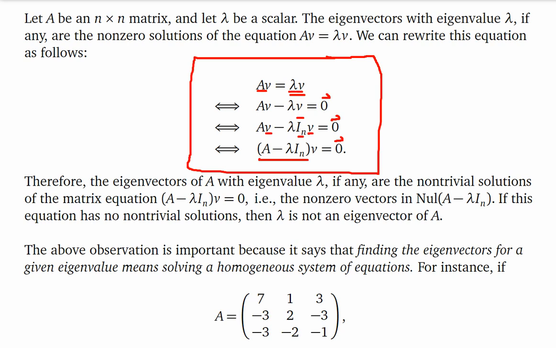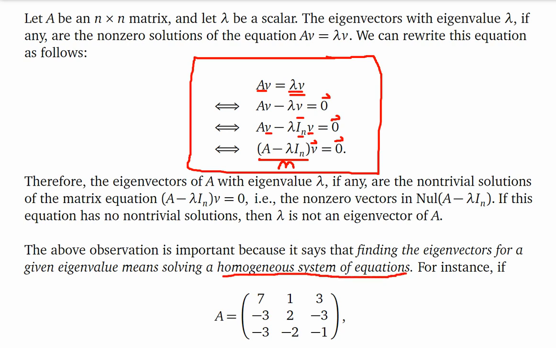When we have a matrix, think of this as any other matrix. Just take the A minus lambda I and do those operations. I have a matrix, call it M. Now I'm looking at the matrix M times the vector V equals the zero vector, which is just a null space, all right? So then finding the eigenvectors for an eigenvalue means that we're solving this homogeneous system of equations.